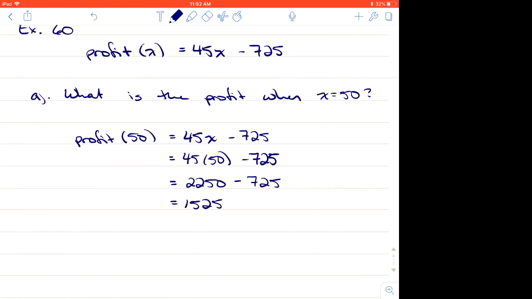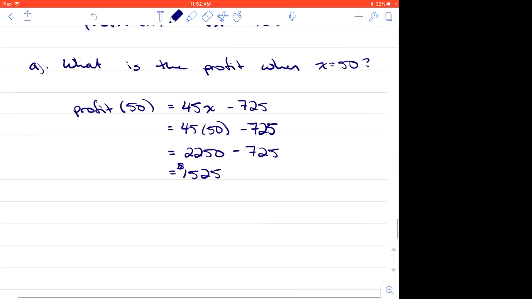Puts me at 1525. So if I sell 50 things, I make a profit of $1,525. That's great. You can throw a dollar sign on there just for kicks if you want. But like I said, I'm not going to be too picky.